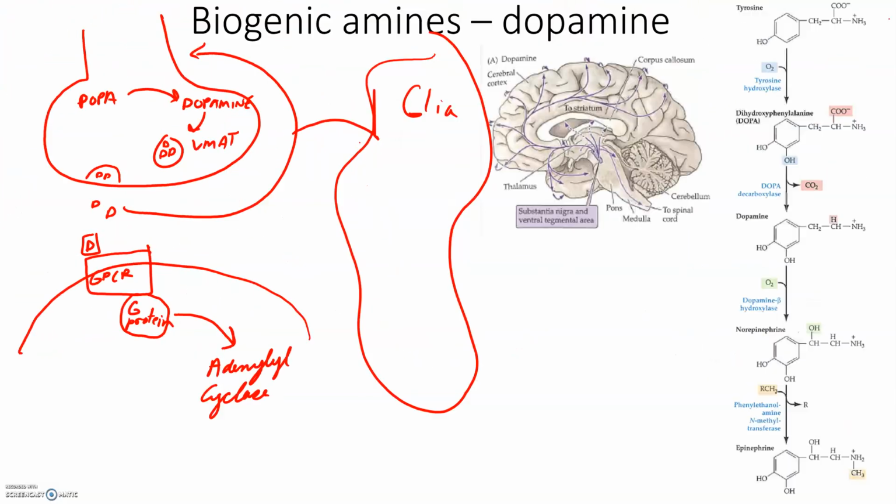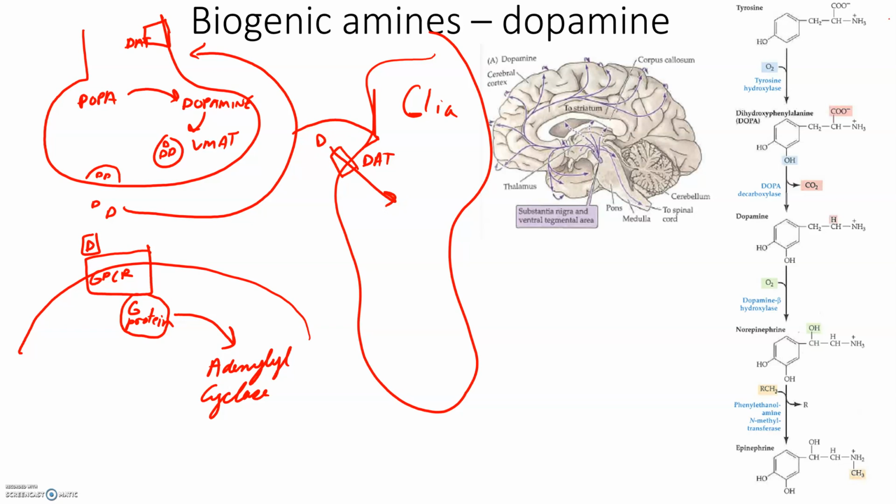And it enters in here by something called a DAT, a sodium-dependent dopamine cotransporter. So there'll be a DAT here, or a DAT here. And this allows dopamine to get back into one of these cells from the synapse where it was cleared.